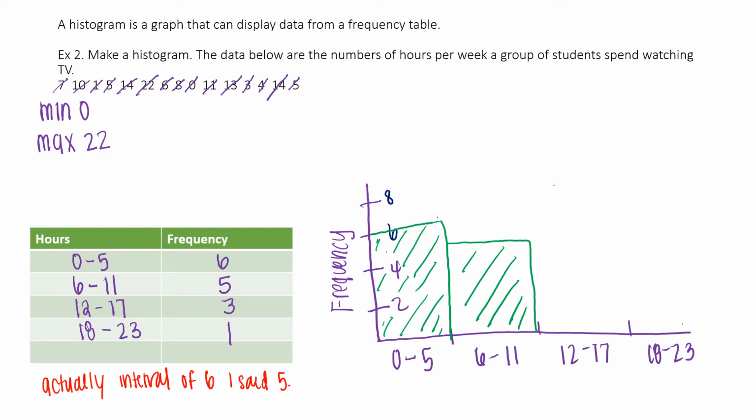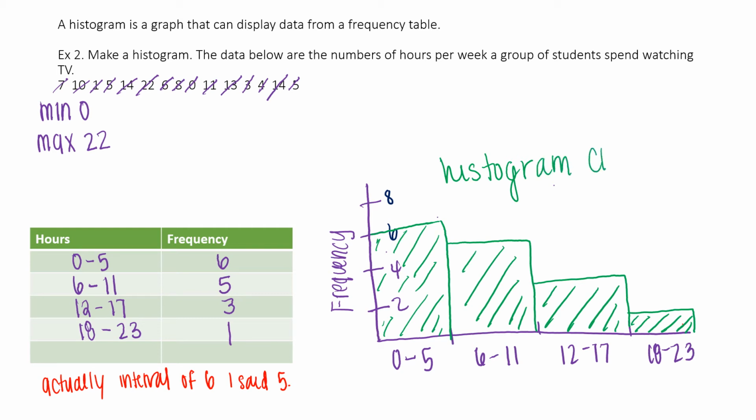Okay, from 12 to 17, you had 3. And then lastly, on the last one, we only had 1. Okay, so this would be our histogram. And then this would be our frequency chart.